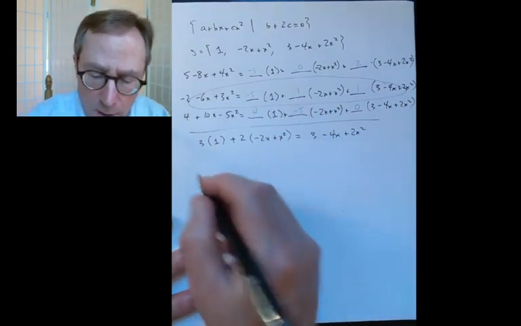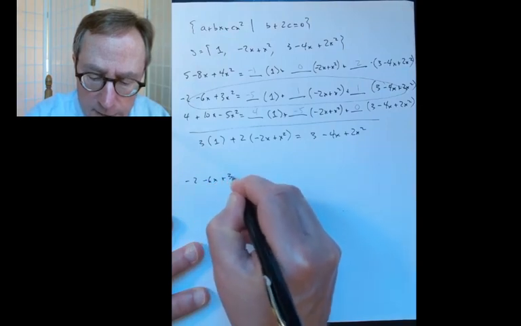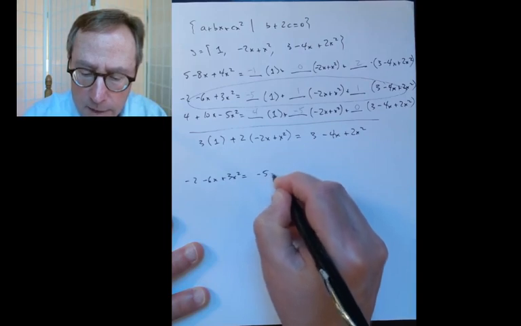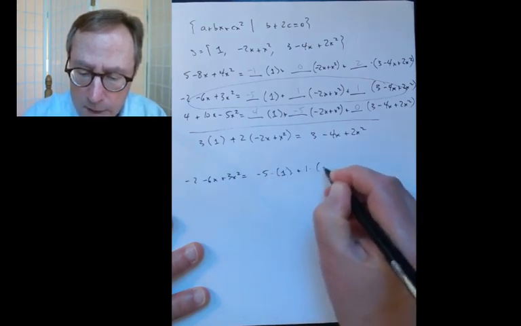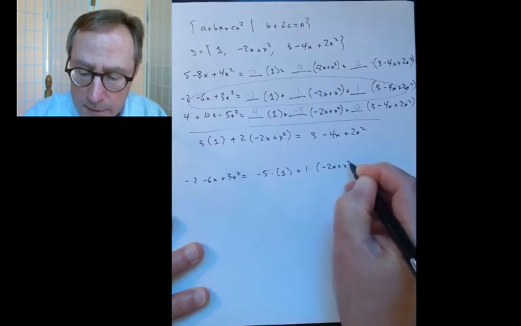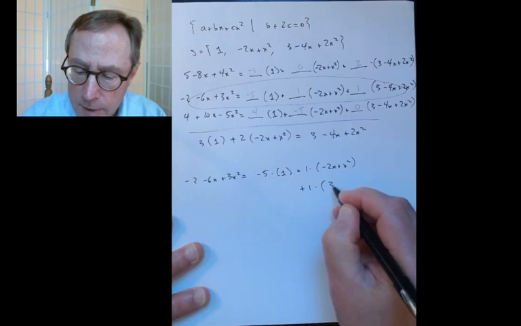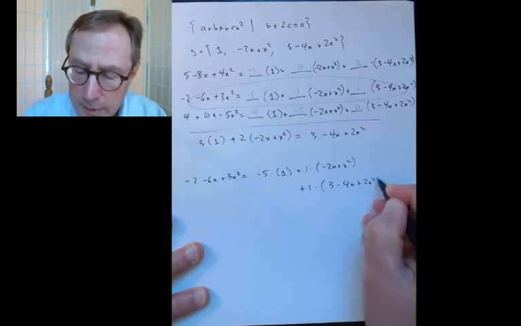I'll take the second one. I can take minus 2 minus 6x plus 3x squared, take the expression that's written there, minus 5 times 1, plus 1 times minus 2x plus x squared, plus 1 times 3 minus 4x plus 2x squared.